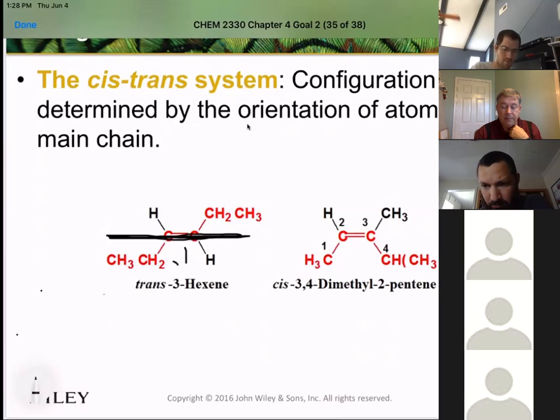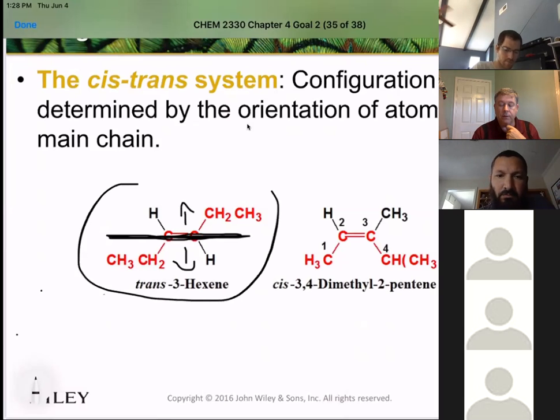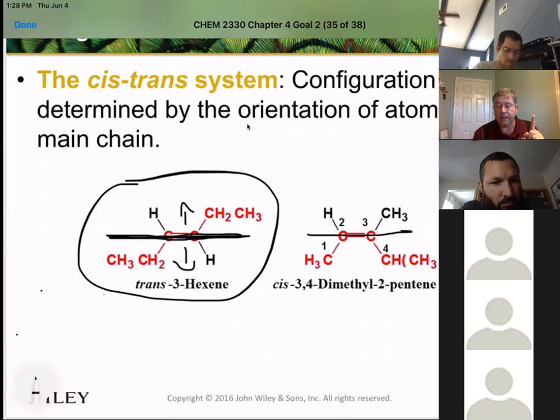If they're on the same side, then they're cis. If they're on opposite sides, like this one here, they're trans, okay? That's the first axis. And when we only have two substituents, we only care about that first axis, the one that contains both of the carbons in the double bond, okay?